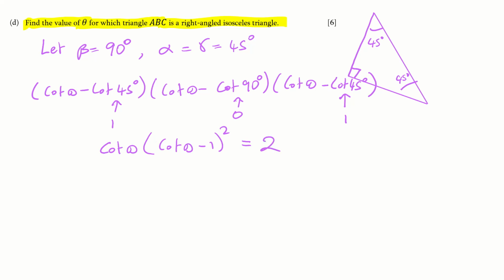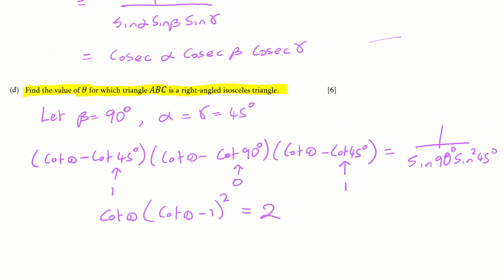That comes from the other side of the identity here, which is 1 over sine 90 sine squared 45, just from the identity that we proved up here.